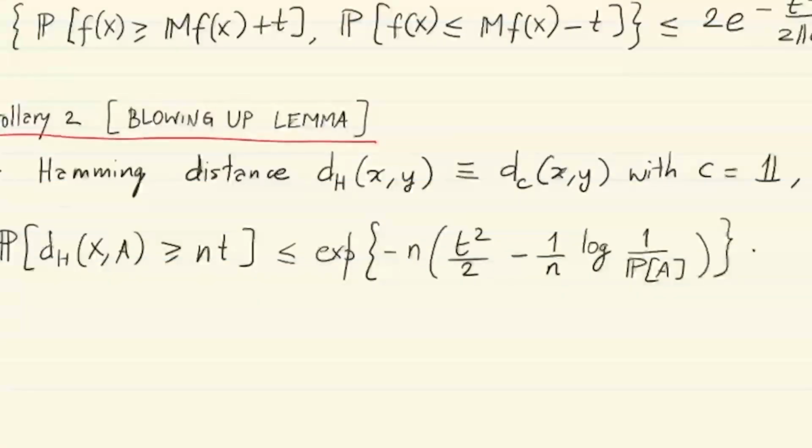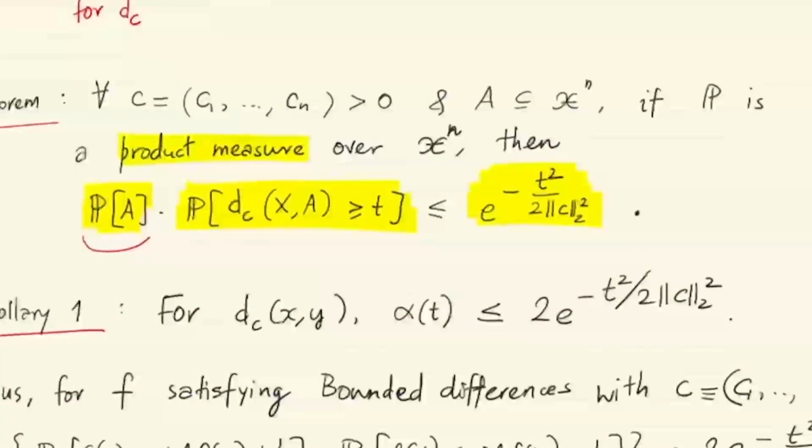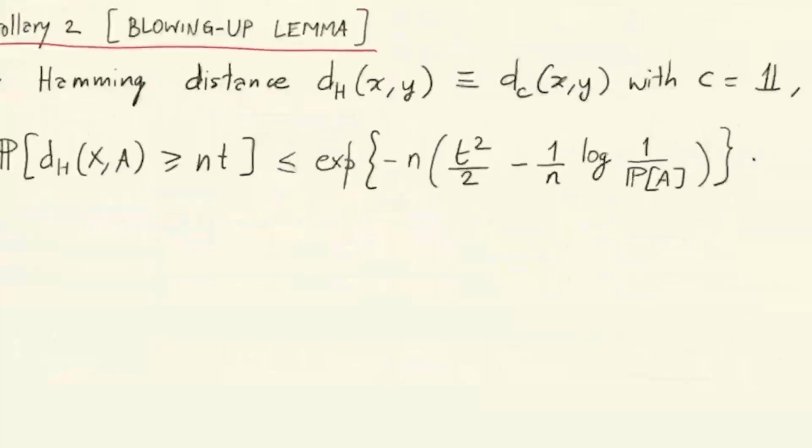Okay, so the blowing up lemma is basically a corollary of this theorem when you specialize to the specific function where all the coefficients are the same. And a further consequence of this is the more useful part of this lemma in information and coding theory.